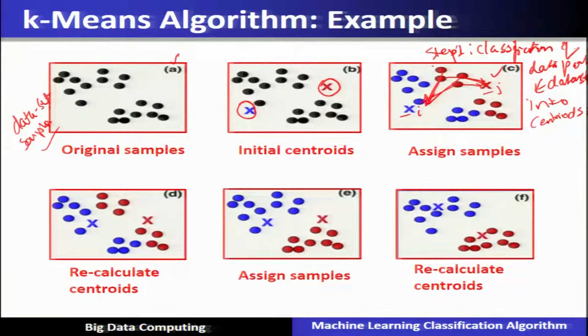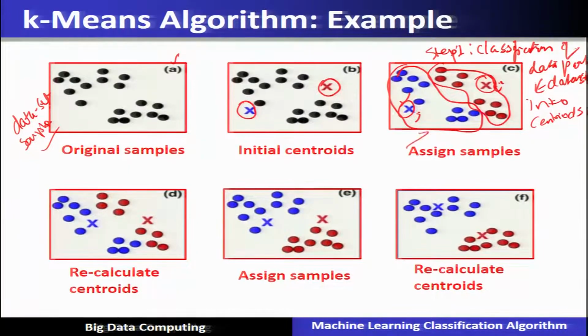In this diagram, the red dots are closer to the centroid xi compared to xj, whereas all the blue dots are closer to xj compared to xi. Hence, the initial data set samples are divided into two different groups, identified by the centroids xi and xj.